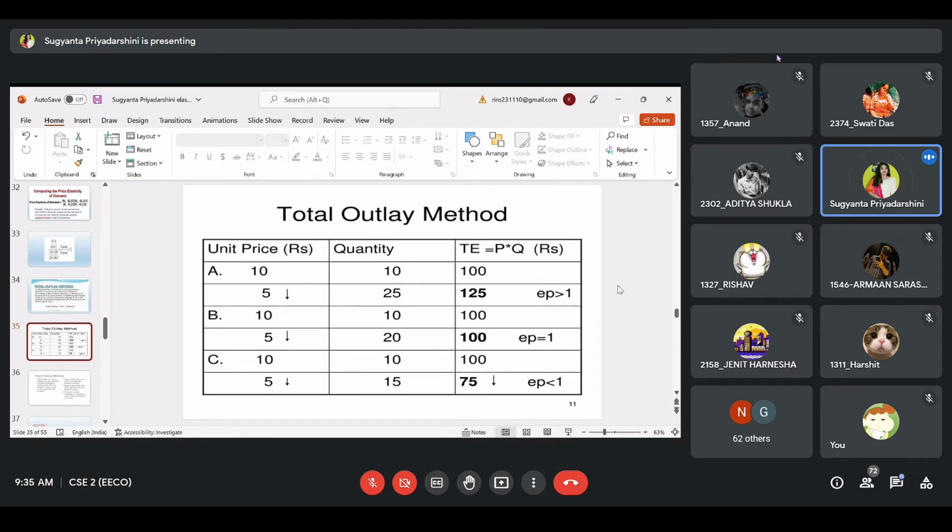But when your price is again falling here, 10 to 5, we see that your quantity demanded is still increasing, but your total expenditure is falling. Forget about the quantity, just focus on the relationship between price and total expenditure. 10 into 10 is 100, 5 into 15 is 75. Under situation C, is price falling or increasing?